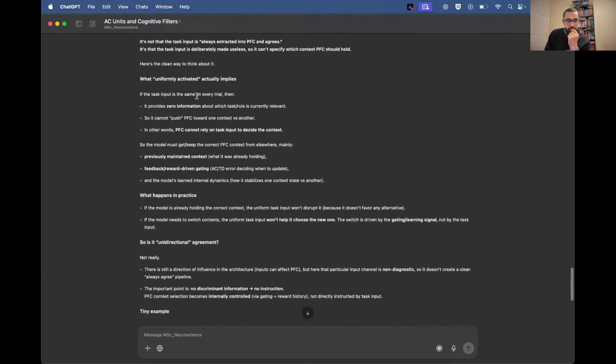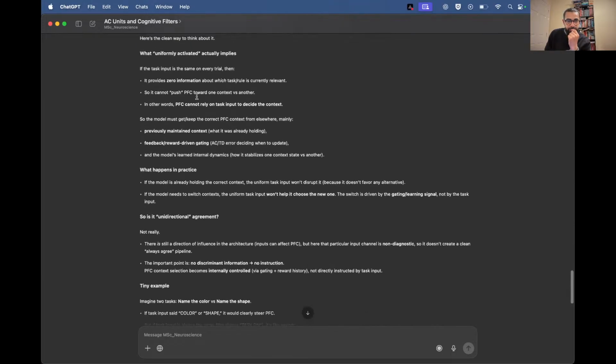That is a clean way to think about it. What uniformly activated actually implies: if the task input is the same on every trial, then it provides zero information about which task rule is currently relevant. Okay, so it cannot push prefrontal cortex toward one context versus another.